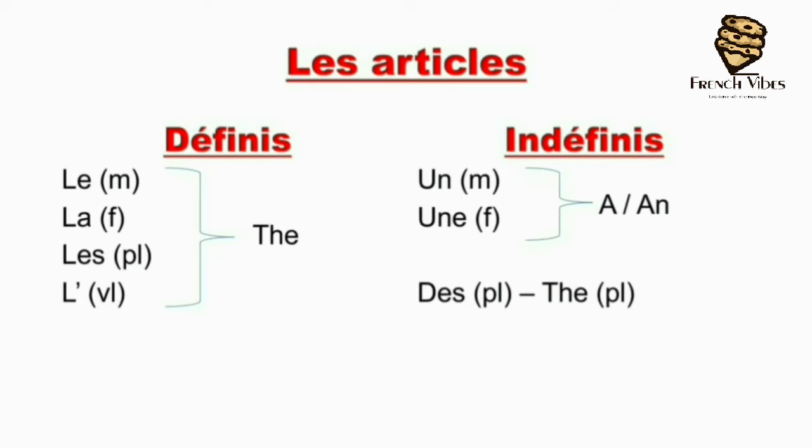Des is used with plural objects, so it is the in plural form. So les articles définis, the definite articles, are le, la, les, L apostrophe, and les articles indéfinis, the indefinite articles, are un, une, des.